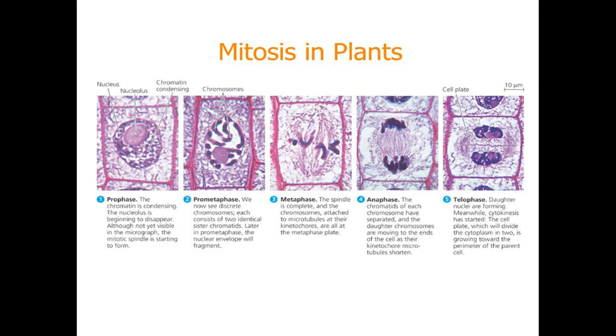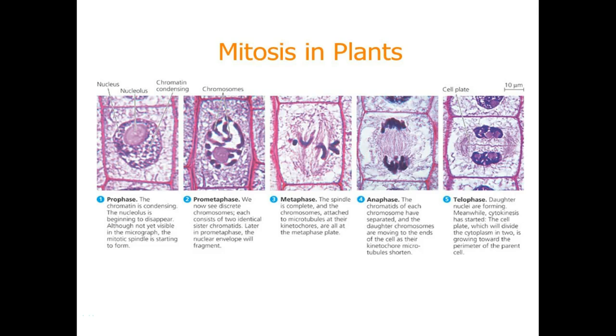In here, one of the things that I think in order to get things in your head is to have things repeated. So what you have are microscopic views of each of the phases. So prophase, condensing of the chromosomes, the nuclear envelope is disappearing.